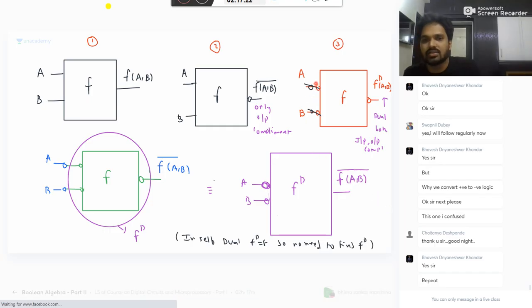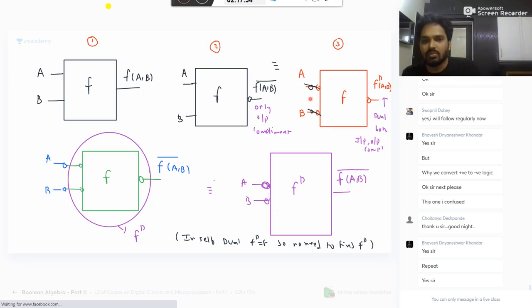X bar whole bar is X. Complement these two. Then what happens? It is equal to same figure or not? You take here bubble, here bubble. If you take, then same. That's what I said. For finding complement, dual input should be complemented. For the dual circuit, if you complement input, it will do same job as original second figure. That is what we call Shannon's law.